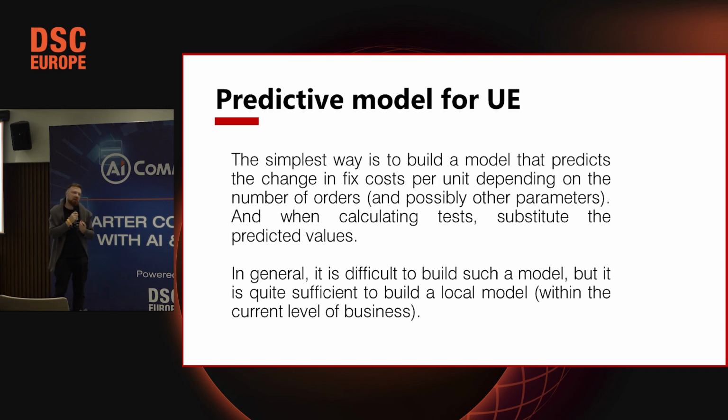But we can build a local model for not very big changes in our number of orders, because if we talk about an A/B test, we try to apply some very small modernization of our business. If you want to make a very big modernization, of course, it's not an A/B test.